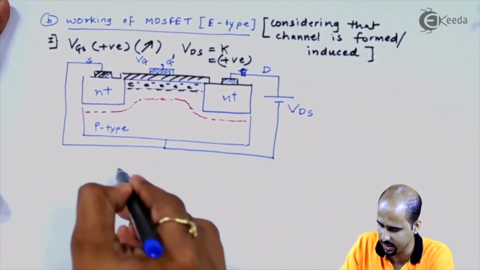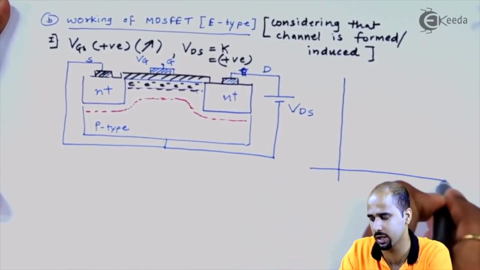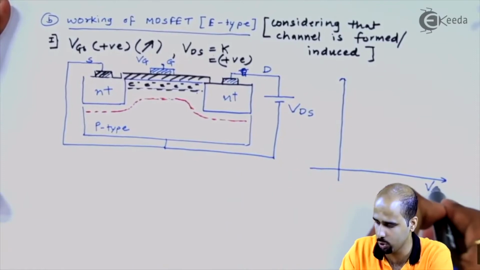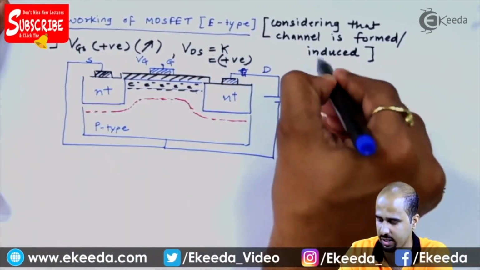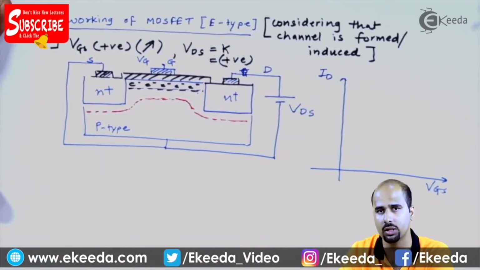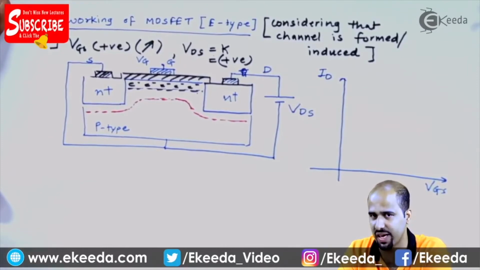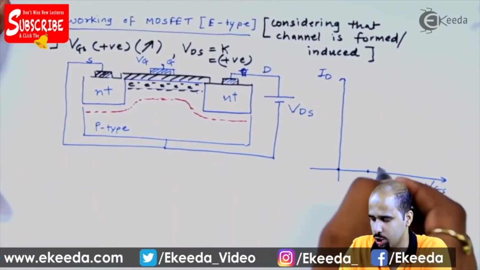Understand the fact that here I am saying that we will be getting the characteristics of the MOSFET. My value is VGS on the x-axis, and ID, that is drain current, on the y-axis. I'm just changing the value of VGS, let's start from 0 to a particular threshold voltage.